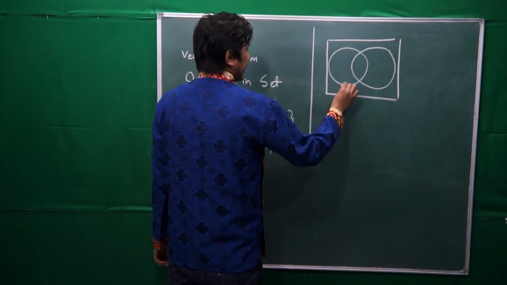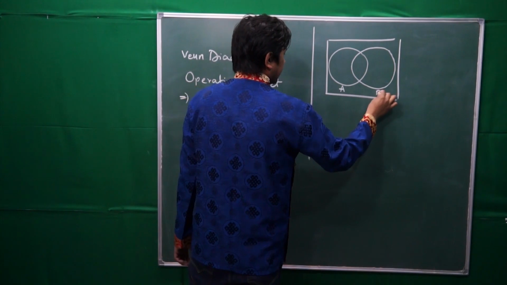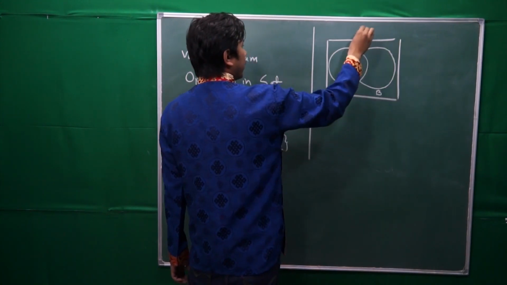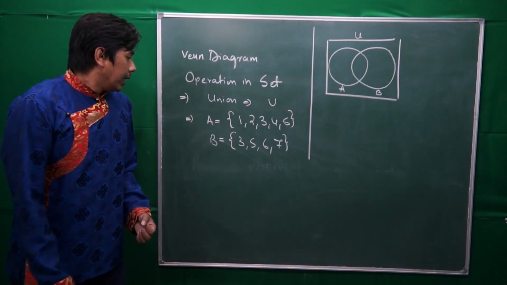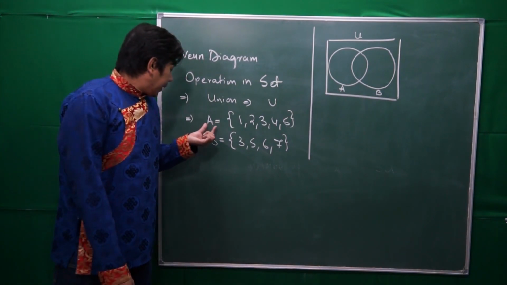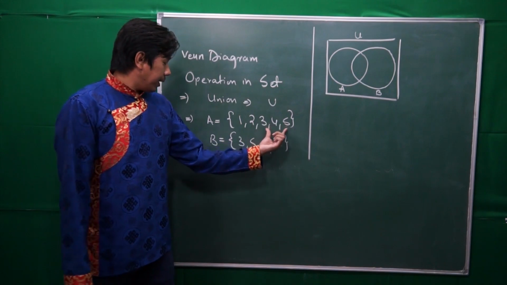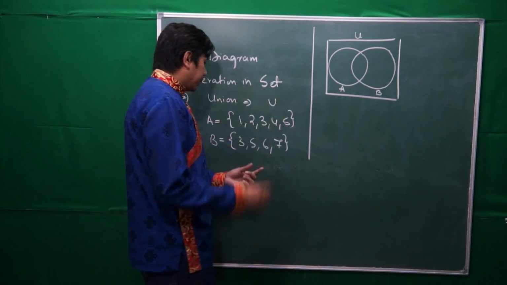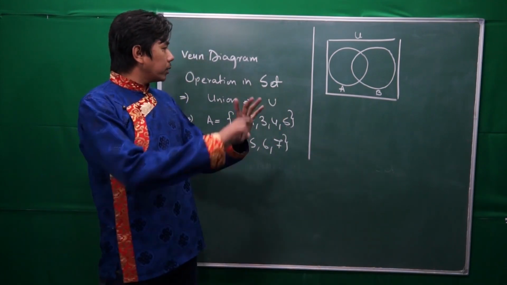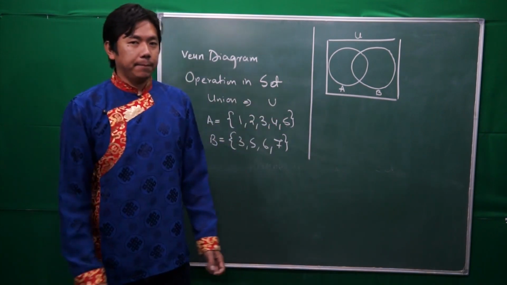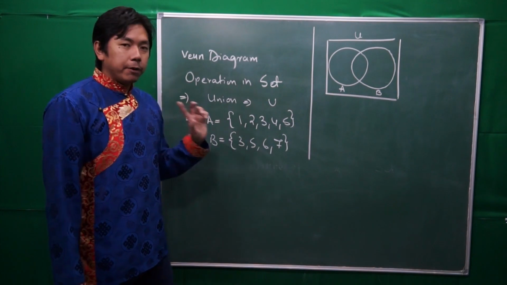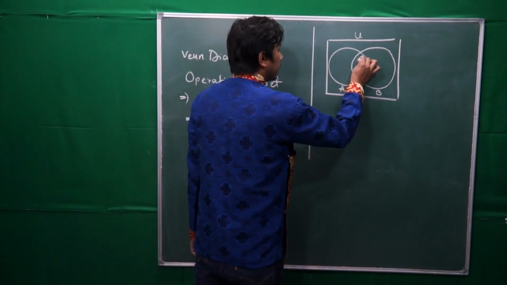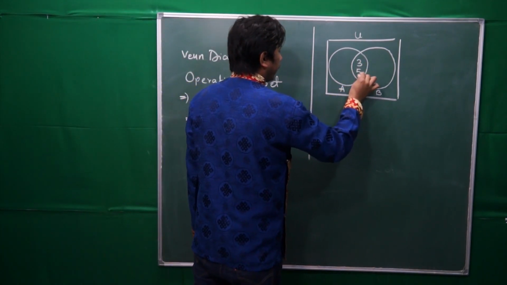Let's say this is set A and this is set B, and this whole square box is the universal set U. Now the elements that are the same in the two sets will be written in the region where both the sets are overlapping. So what are the elements? 3 and 5. So I'll be writing 3, 5 over here.